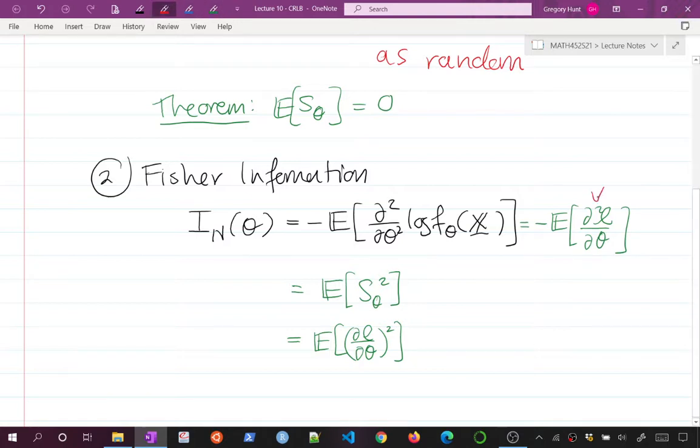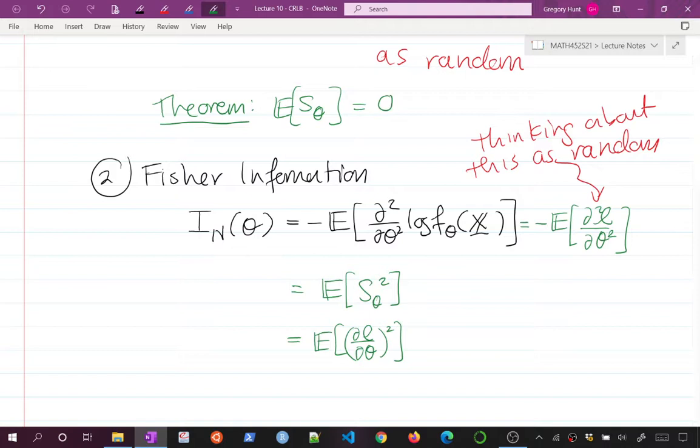Again, we're thinking about this as random. So it's basically the negative second derivative of the log likelihood function with respect to theta, and then we treat that thing as a random variable.